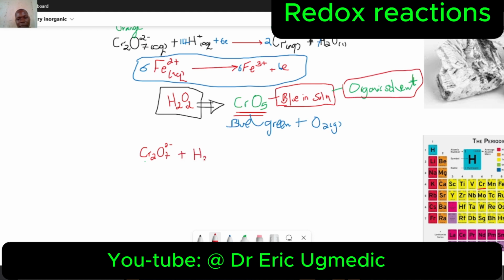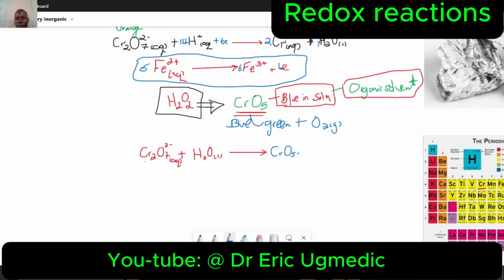Where is the water coming from? It will come from the hydrogen peroxide, or even in solution. Understand it your way, as long as you can remember the principle we are going to discuss. So you will have this dichromate and water, and what they will form is the chromium pentoxide.